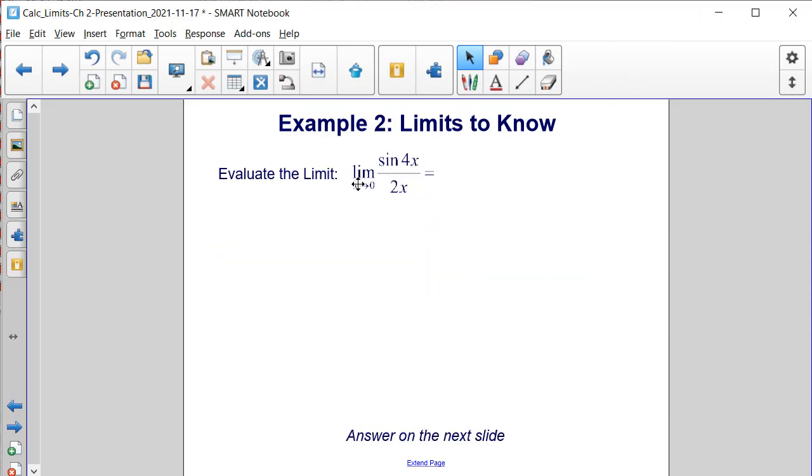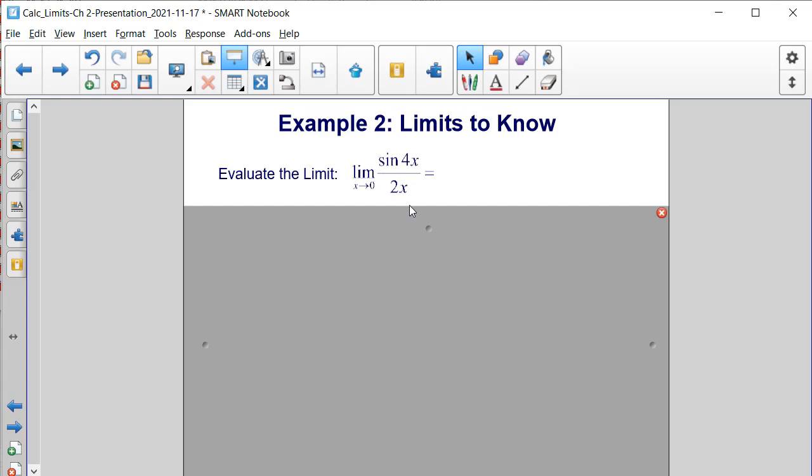Let's try evaluating this limit, the limit of sine of 4x divided by 2x as x approaches 0. Notice that the coefficient in the denominator is not the same as the coefficient in front of the x value in the angle that we're taking the sine of. There's a 2x here, and there's a 4x in the numerator. So in order to evaluate this, we have to get the denominator 2x to be equal to 4x.